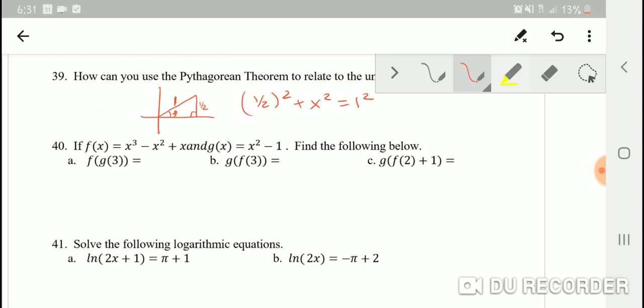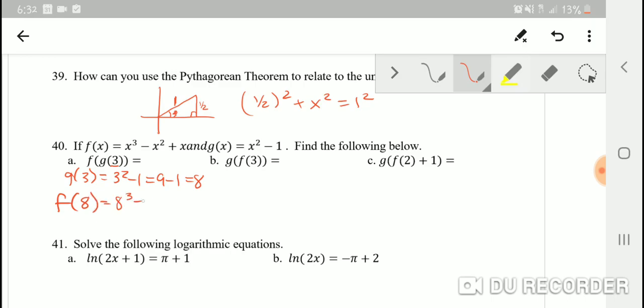For number 40, you're pretty much just doing more composition practice. So you're plugging in one function's output into another function's input. We're going to plug 3 into g first. So g of 3 is 3 squared minus 1, so 9 minus 1, so 8. And then plug that value into f.